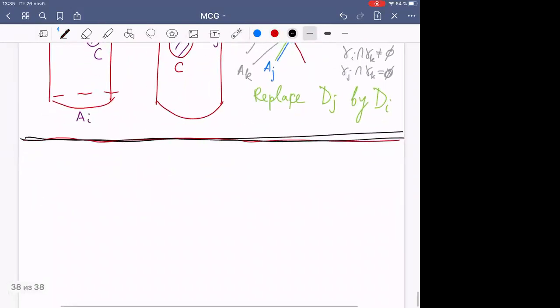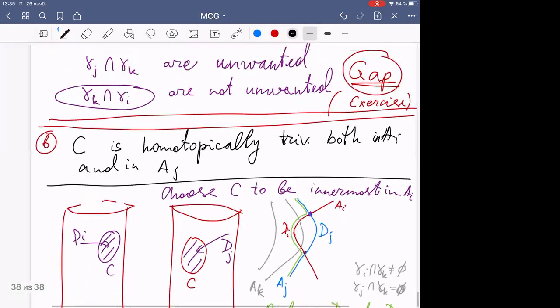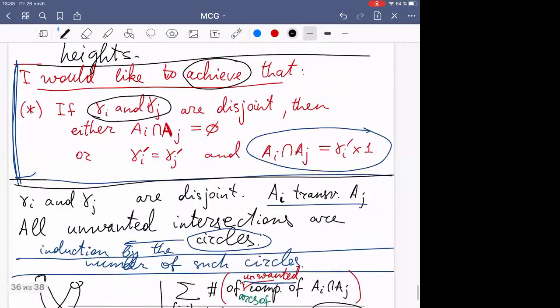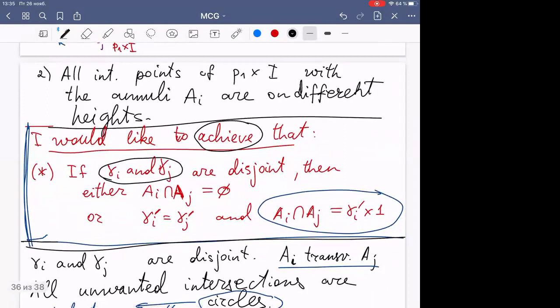And okay, now I would like to explain why we want this condition star to be satisfied. So suppose that we have achieved this.